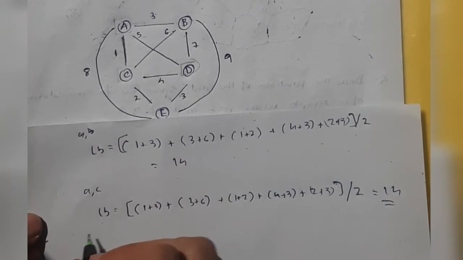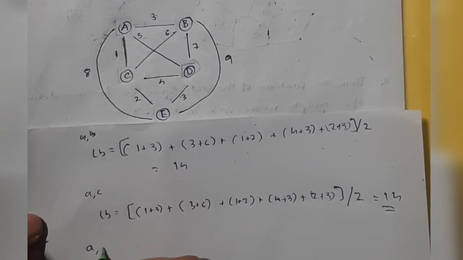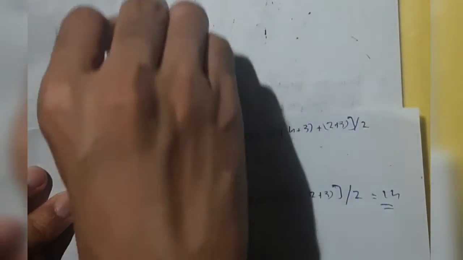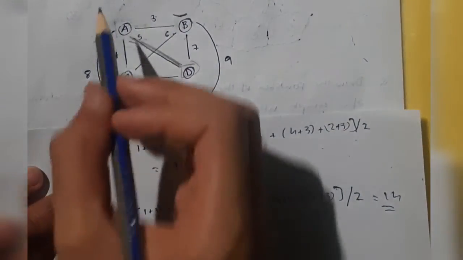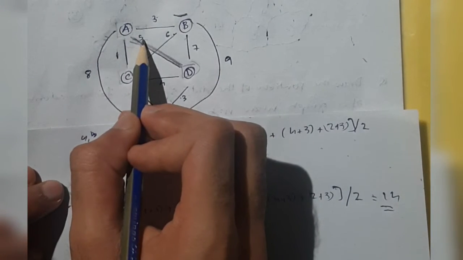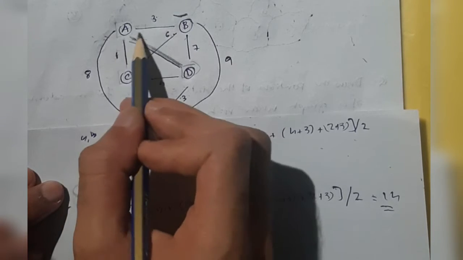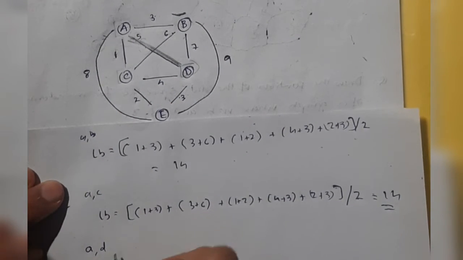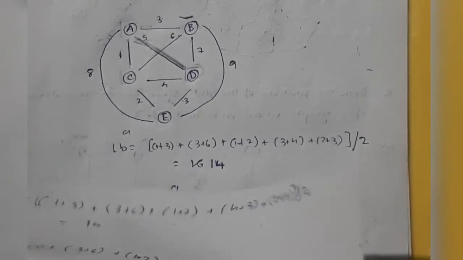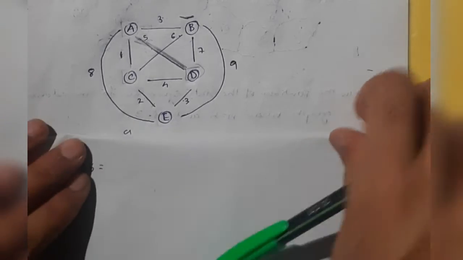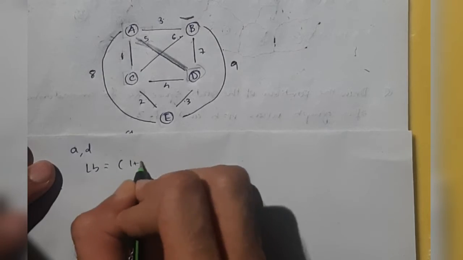Then from A to D, we will be selecting this edge. From A, this is selected, so we have to select the minimum among 1, 8 and 3. The selected edges are 1 and 5. I'll be writing here LB is equal to 1 plus 5.